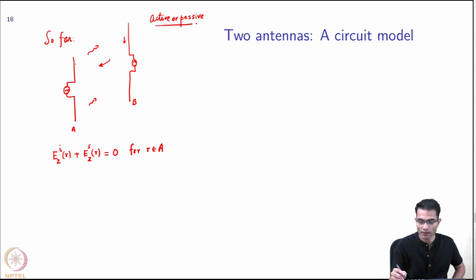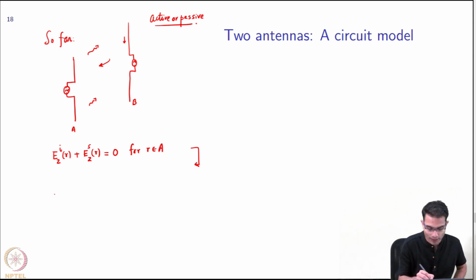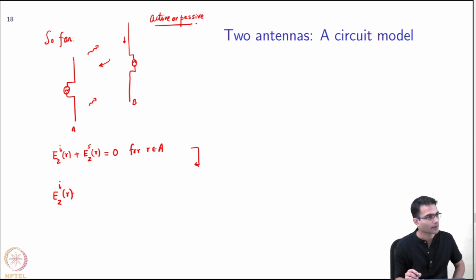So how will this boundary condition get modified? If I ask you what are the fields at any point on A, you will have E_z^i, that is always there, that is the field produced by the voltage source. Then you have the self field.